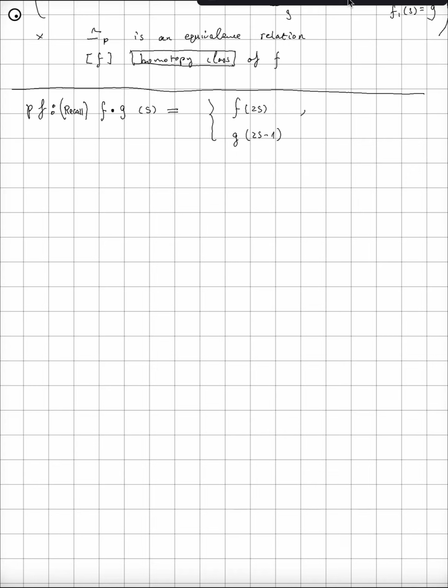So first use the continuous function f starting at f0 and ending at f1, and then g0 equals f1, and then you continue with g. The way to connect these two is by this little trick.